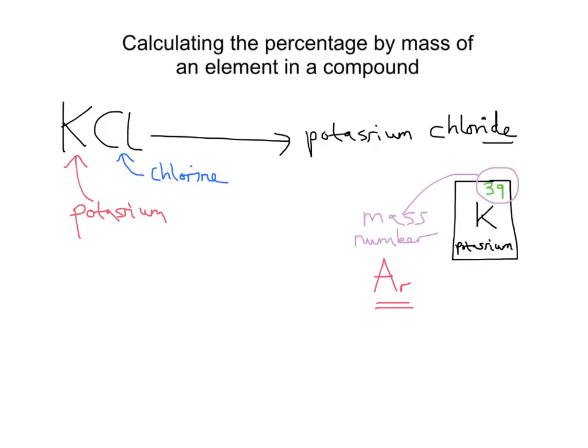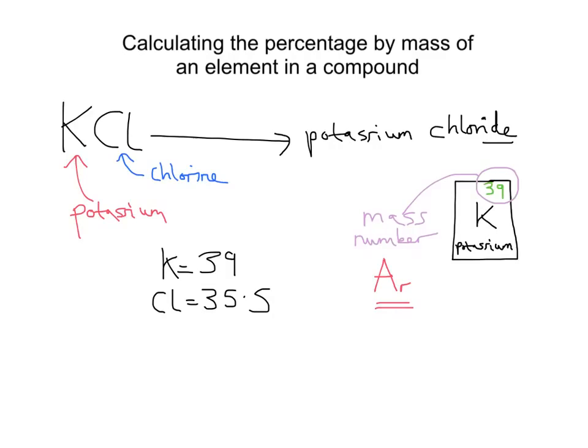Now the relative formula mass of a whole compound is found by adding all the mass numbers up together. So K has an Ar value of 39. We need to work out the Ar value for chlorine on its own, and when you look at the periodic table, it has a value of 35.5.